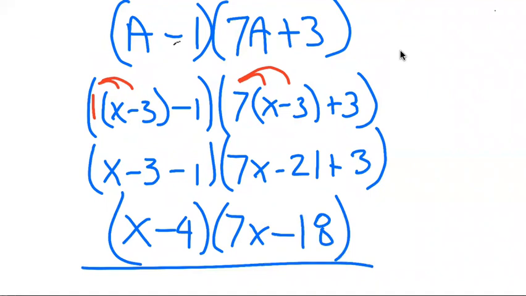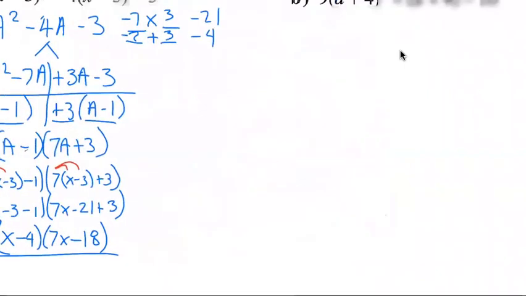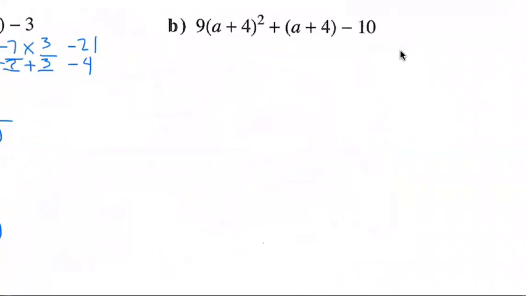Okay, now that's about the trickiest that you might see at this point. I would like you to do this question. Pause the video, do this question, then you can come back to the video. I will have it written out, but I'm not going to walk through it step by step.